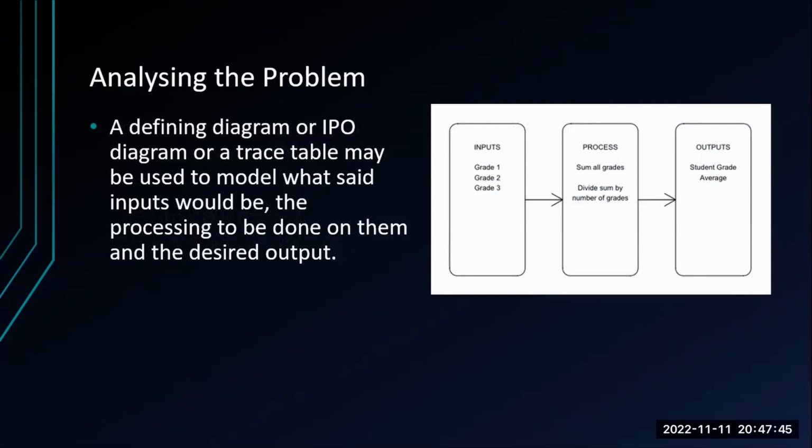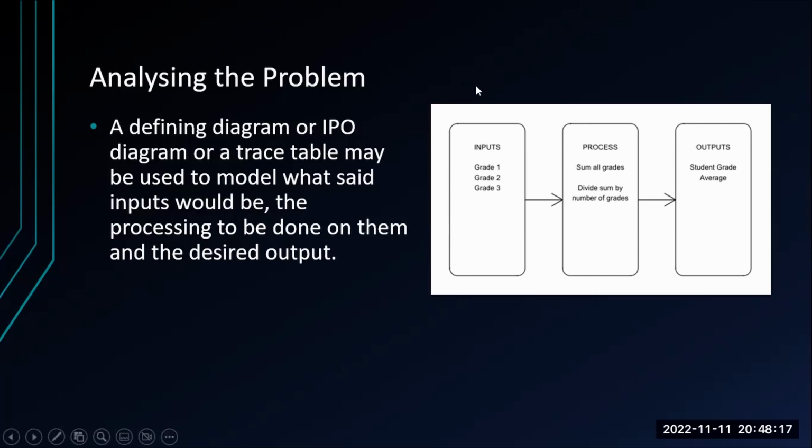This is still under analyzing the problem: a defining diagram or an IPO diagram. Ignore the trace table part, that is for later. A defining diagram or an IPO diagram may be used to model what the inputs would be, the processing to be done, and the desired output. Here you can see an example.